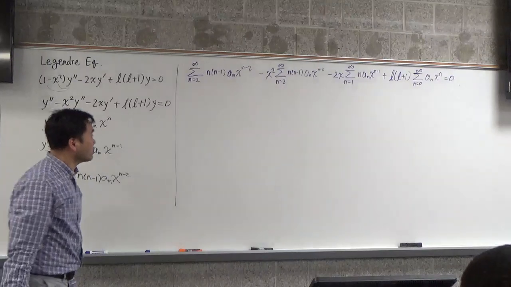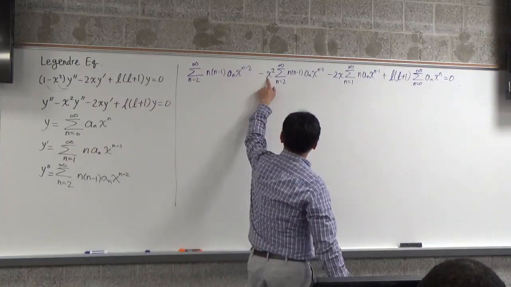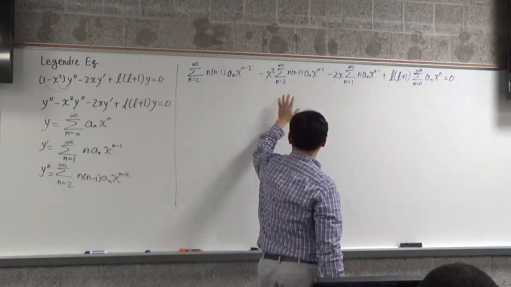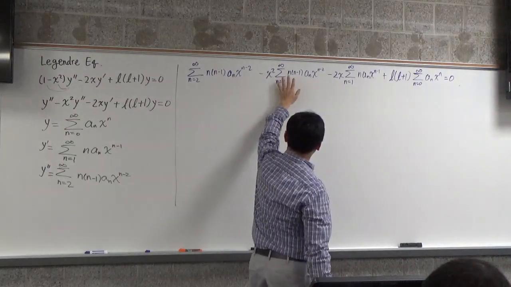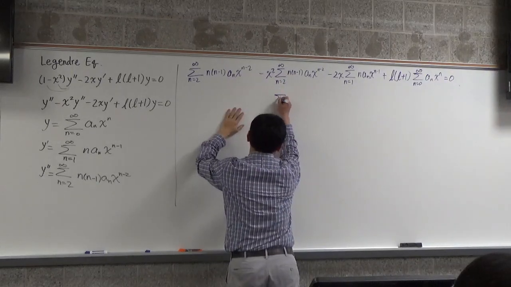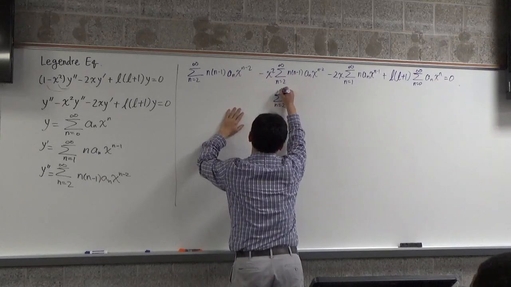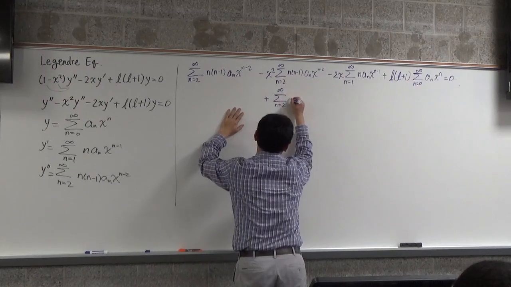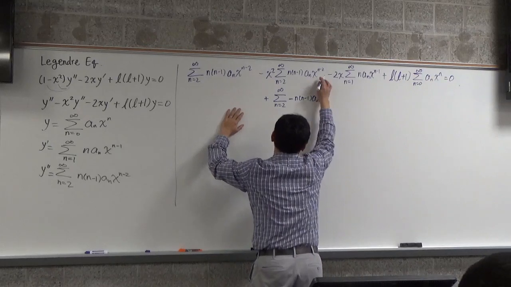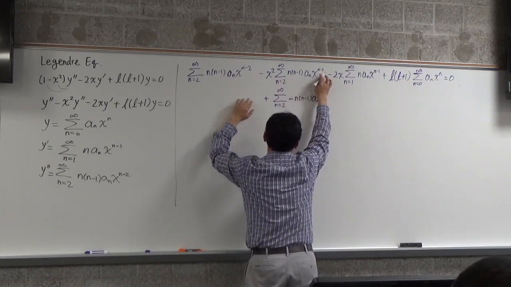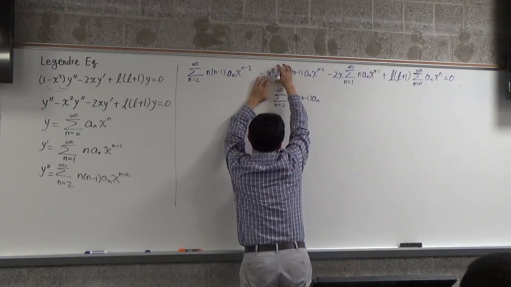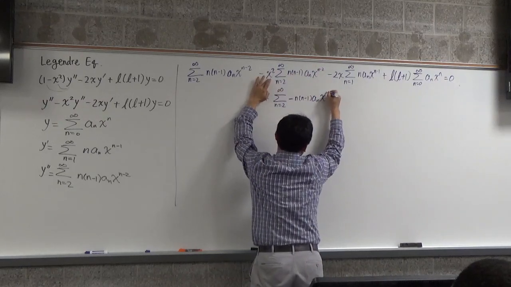Now we are going to move these inside. We know that for sigmas you're allowed to do that. So negative x squared can be multiplied inside, so that this thing here can be written as plus negative n(n minus 1) a_n. And see, if you multiply x squared with x to the n minus 2, they have the same base, so the exponents add up, and you end up with x to the n power.